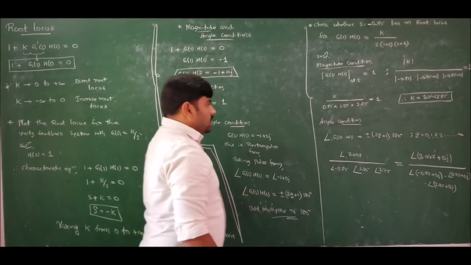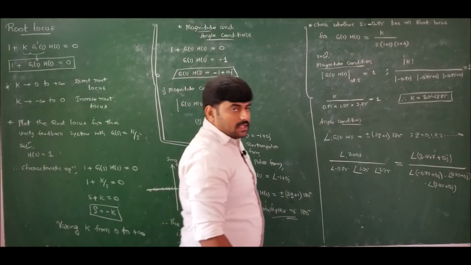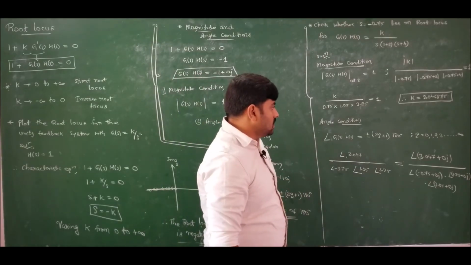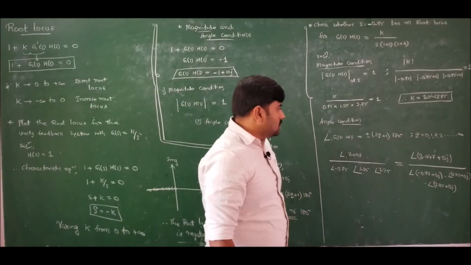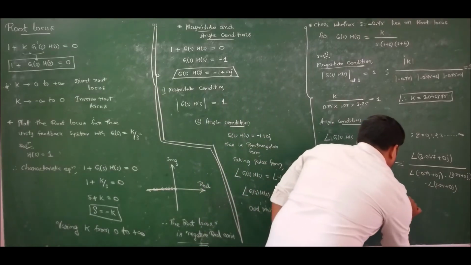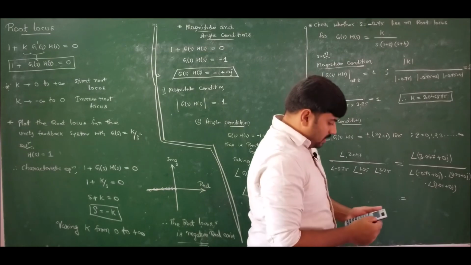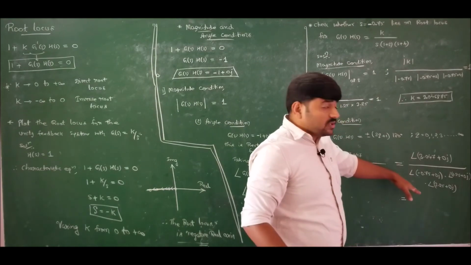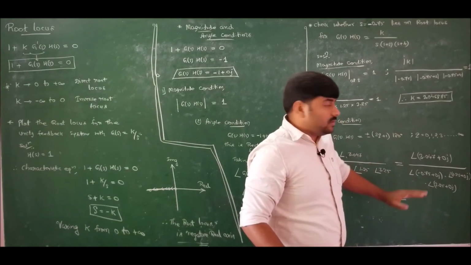Because we are solving in the complex plane, these should be complex numbers. So this is in rectangular form. I should convert this into polar form. So the polar form of the answer will be how much? I just want to take the angles. I don't want the magnitude.